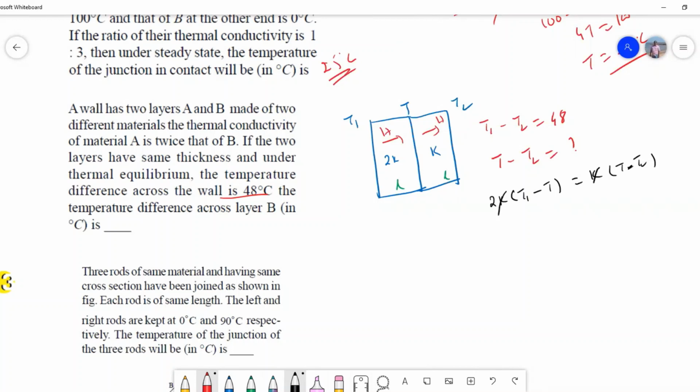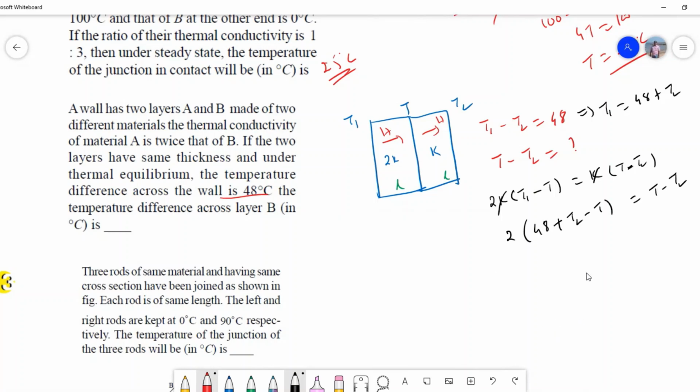So I can write T1 is equal to 48 plus T2. Let's substitute. So this is 48 plus T2 minus T is equal to T minus T2.